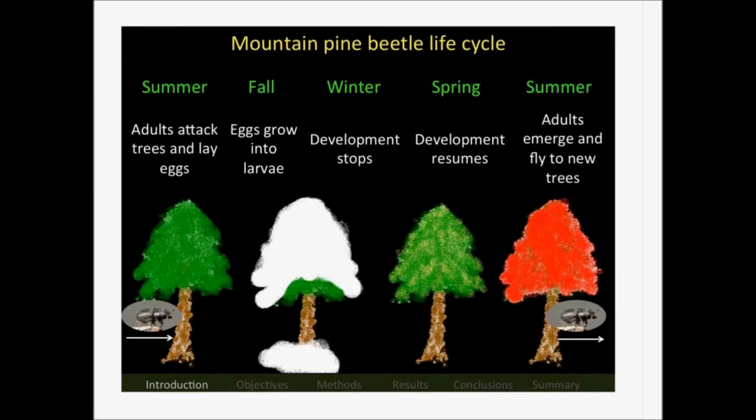So I'd like to give you a little bit of background on the life cycle of mountain pine beetles. As I said, it's a native insect that has been most common in the lodgepole pine forest. And as adults, the beetles fly to trees where they bore through the bark, and they're trying to construct egg galleries to lay their eggs.